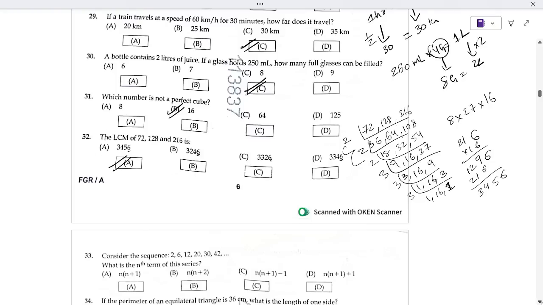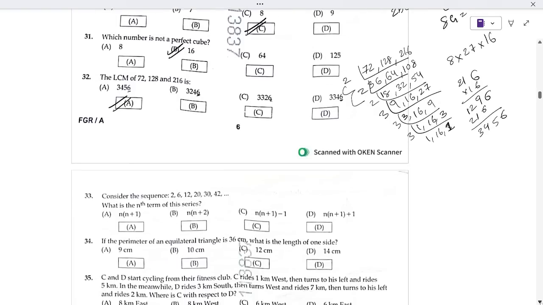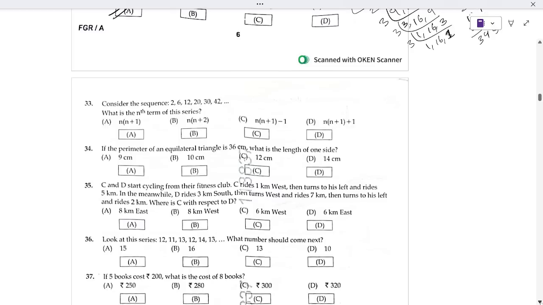Next one. They're asking us to find the nth term of the series 2, 6 and so on. Alright, let's check. We need to find the formula for this series. So n into n plus 1 is the answer.